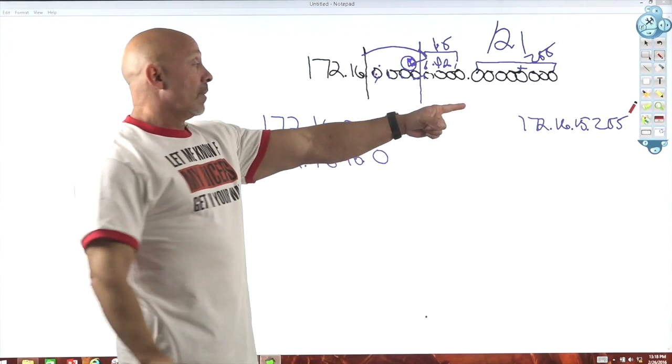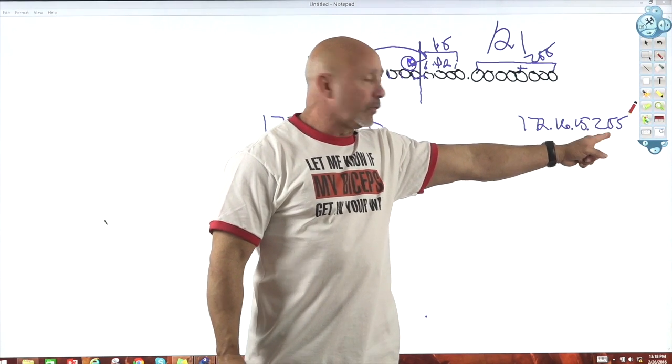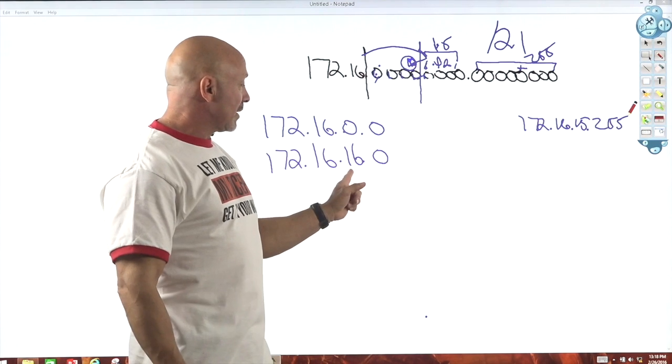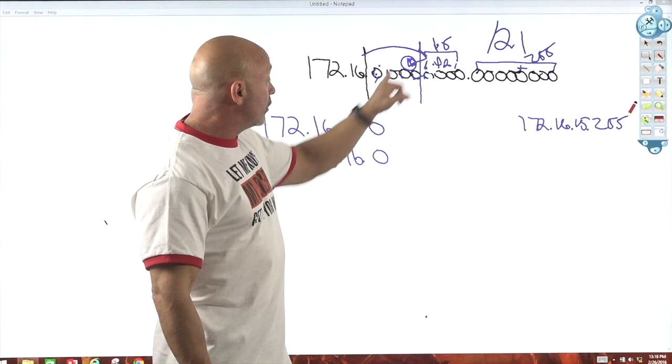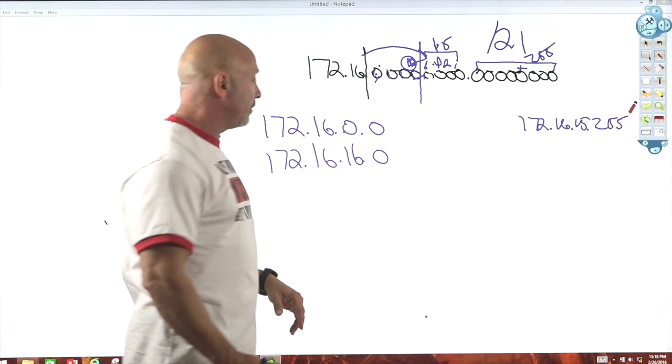Which then, if you've reached the maximum, okay, 15.255 over here, well, this flips over to 16, and then this resets back to 0. Just like if we were incrementing by 16. You see? It's like a check and balance type thing.